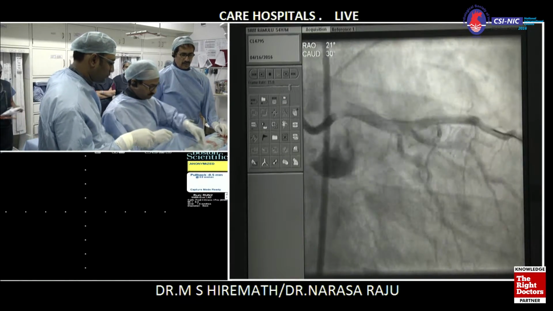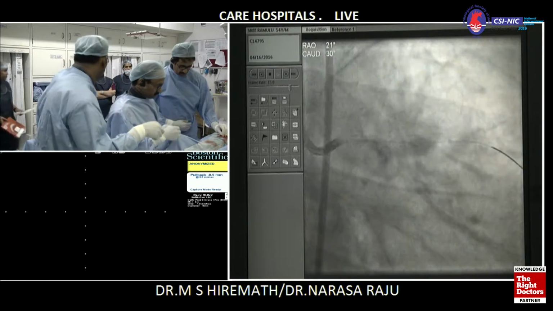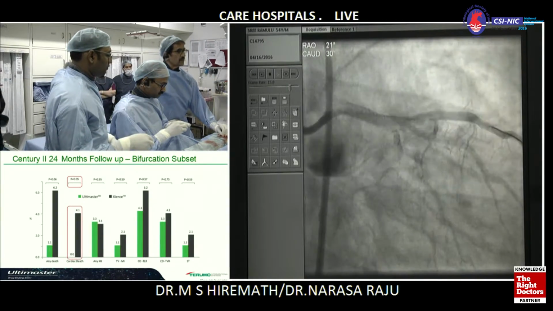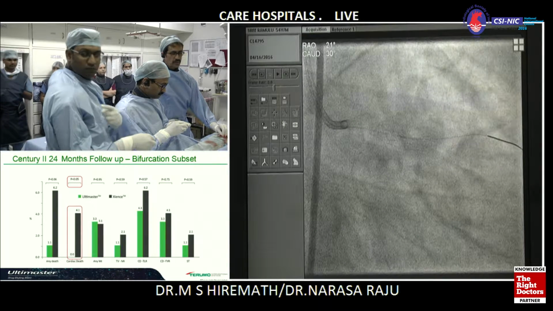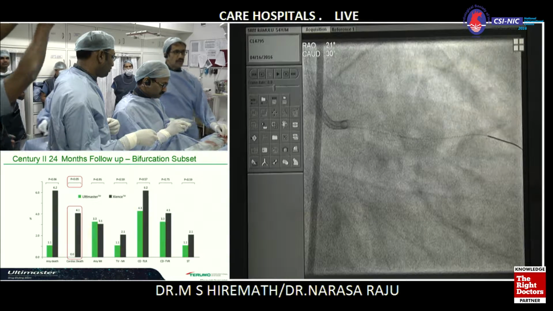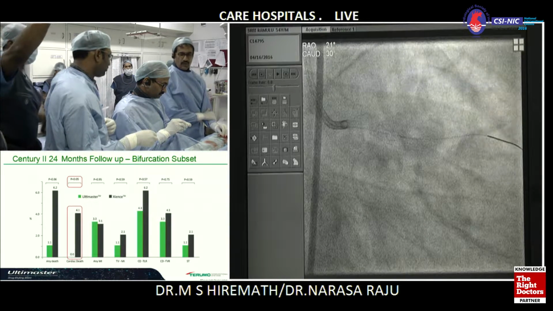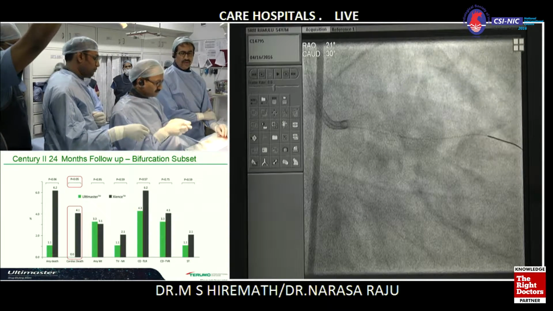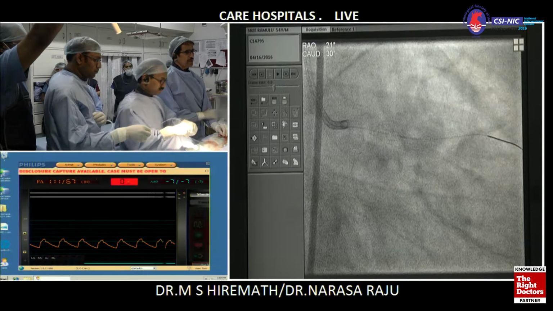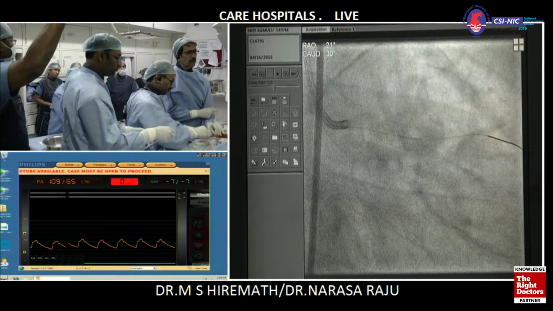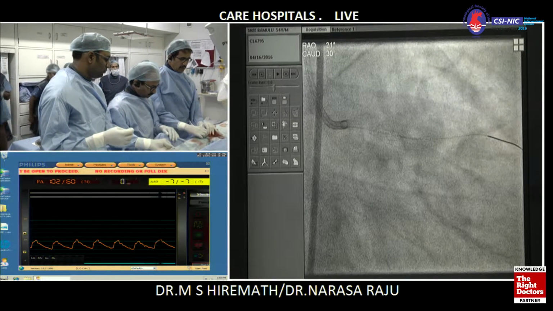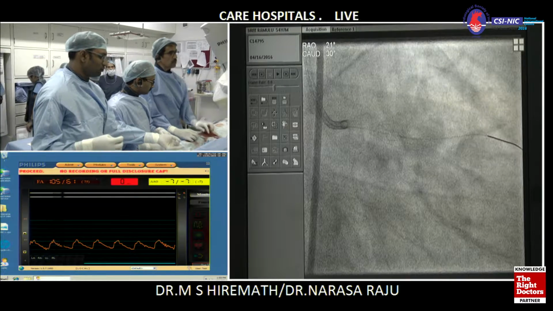This is a non-compliant 4.0 balloon, so how best can we achieve close to 5? So we discussed a little bit because we knew that we did not have a 4.5 or 5.0 stent. The next option we may opt for is to put one more wire and have 2 balloons and go up simultaneously in the back portion so as to stretch the stent.